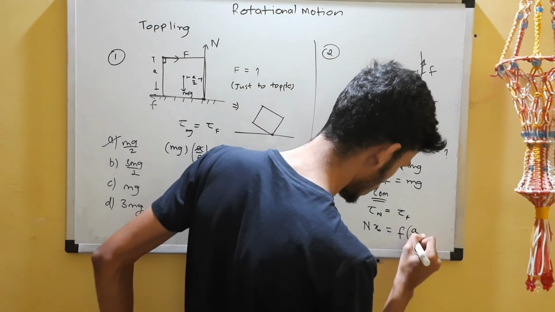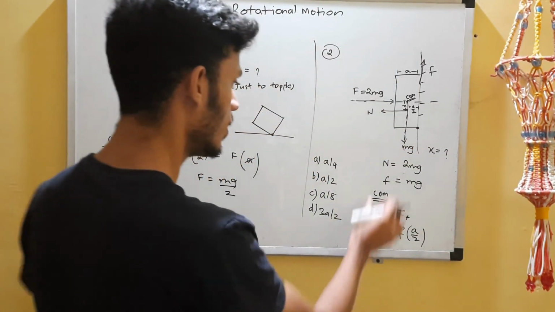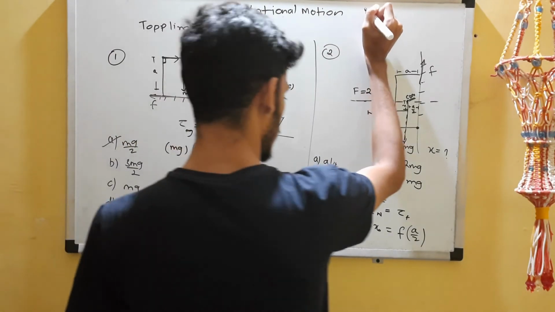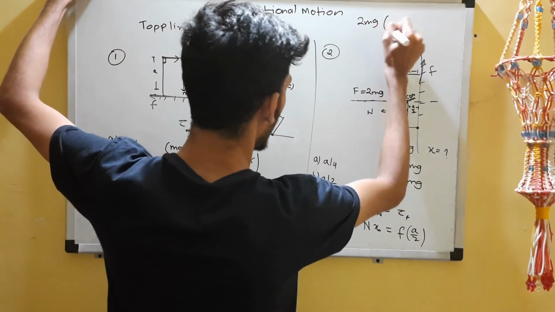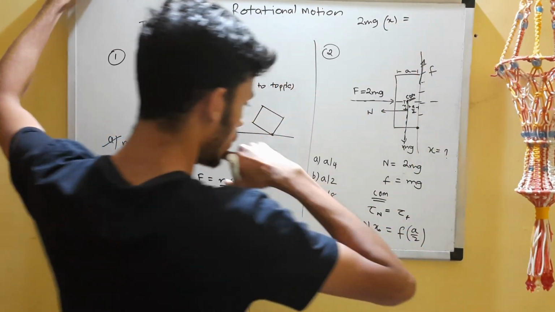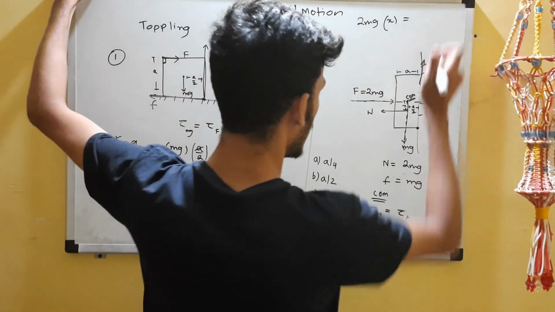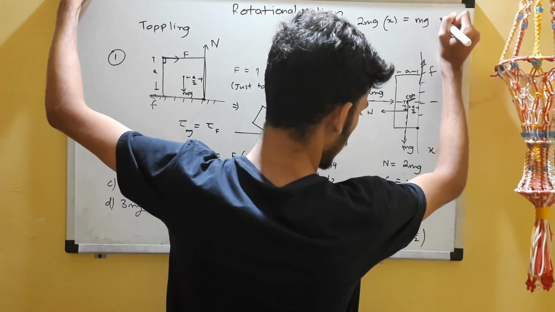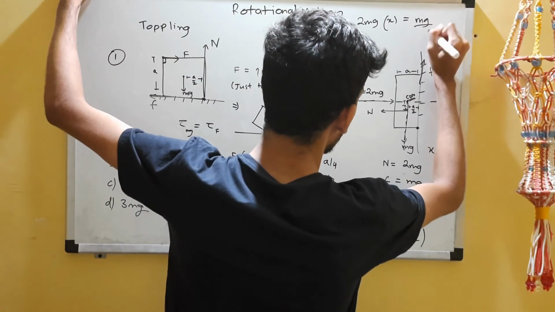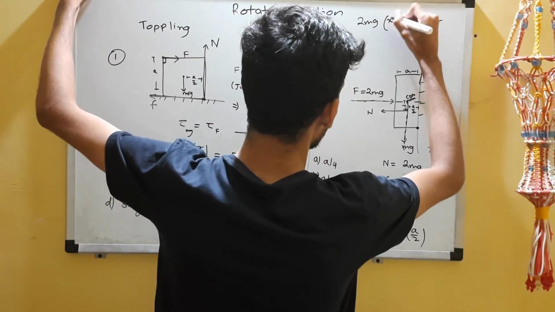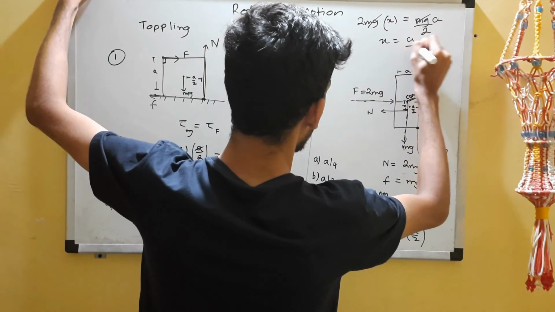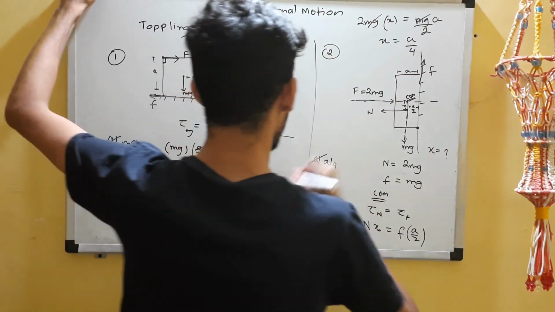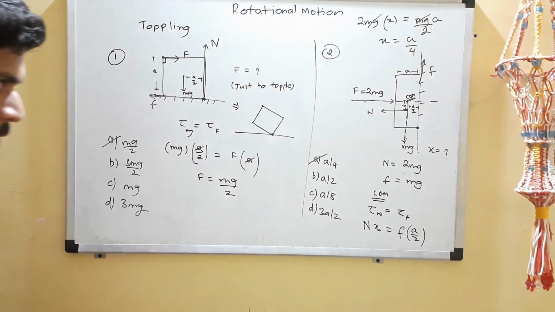Now use these relations and try to find the answer. N is equal to 2 mg, and N times x is equal to F, which is mg, times the distance a by 2. So mg and mg will get cancelled. x will be nothing but a by 4. So option a by 4 is the correct choice over here.